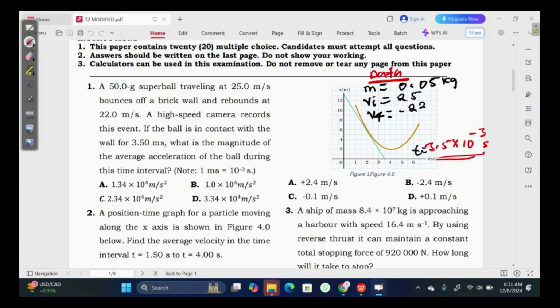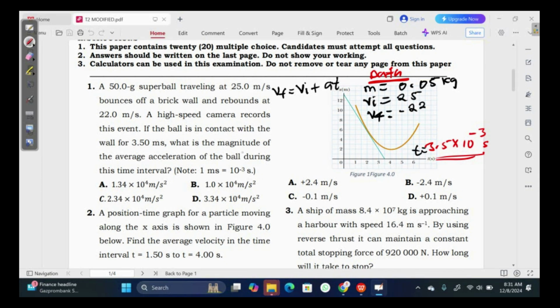So now, according to those three equations of motion, which formula requires me to use the velocity, initial and the final, at the same time with the time, but not distance? It is definitely the first equation, which is V final is equal to V initial plus a t.